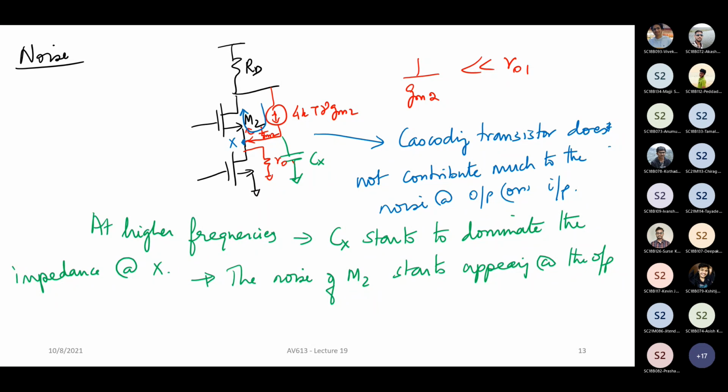It's just that as you keep increasing the frequency, the contribution of M2 starts going up, okay? And it might come to a point where it is fairly significant. At what point it becomes significant depends on the relative values of R0 and 1 over GM2, and CX, obviously. Okay?